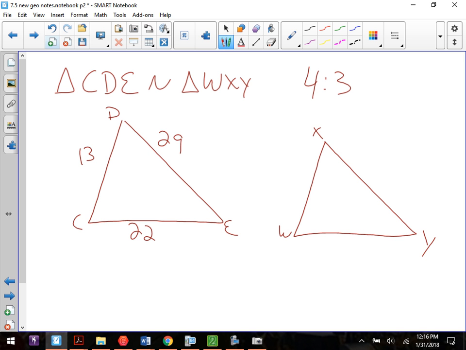So if you're going from left to right that has a scale factor from 4 to 3, we can use that scale factor to find each piece of the missing triangle. Or, knowing that the scale factor of the sides matches the scale factor of the perimeters, I can just use perimeter to find it and just do the math once. So what is the perimeter of triangle CDE?